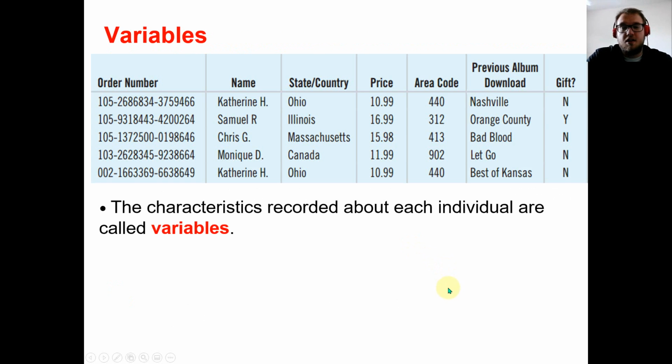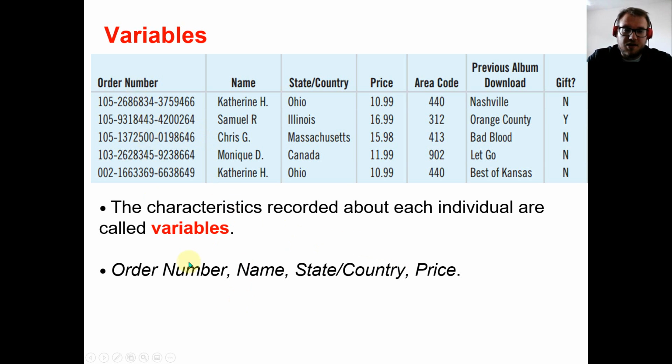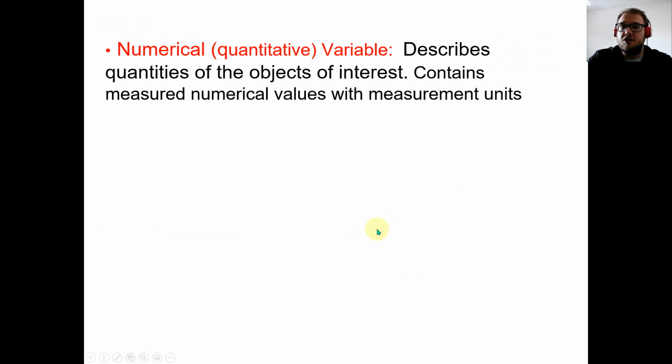So variables. These are the characteristics recorded about each individual. That's called a variable. So the order number, the name, the state/country, the price, area code, previous album download, and was it a gift are all examples of variables. So we have numerical or quantitative variables.